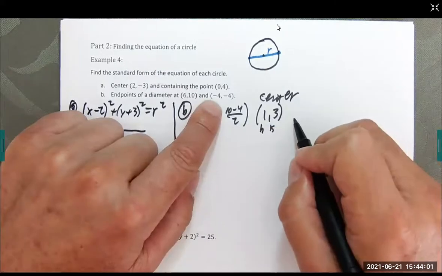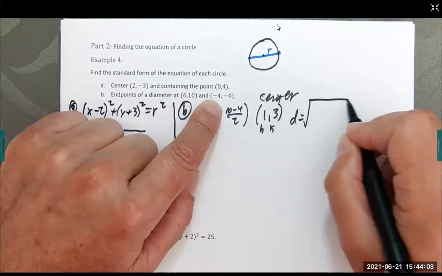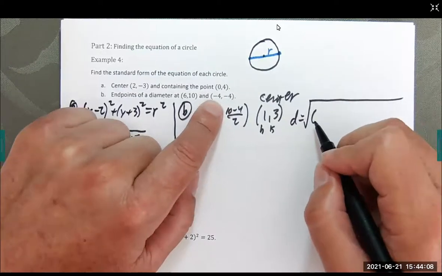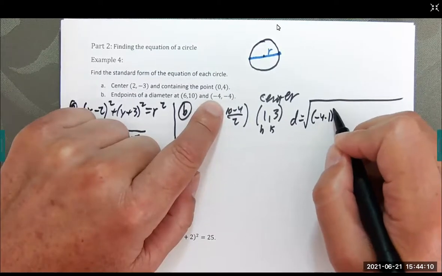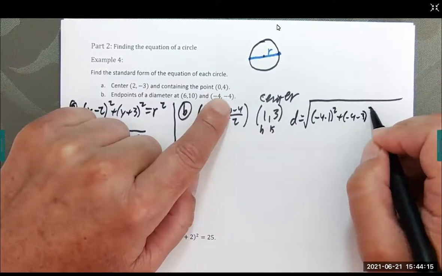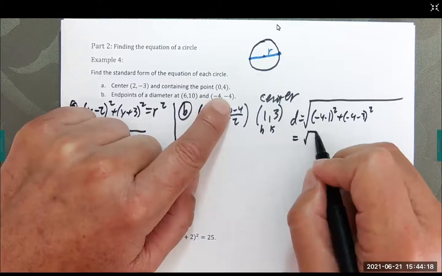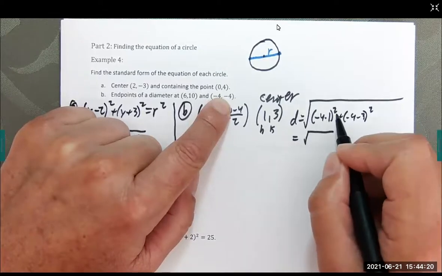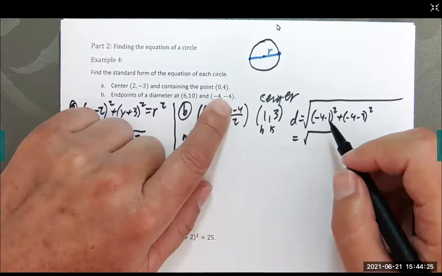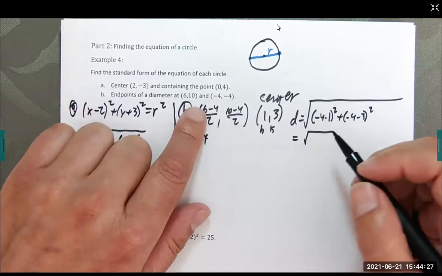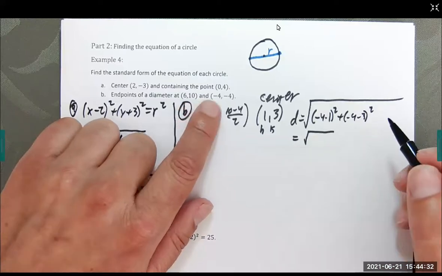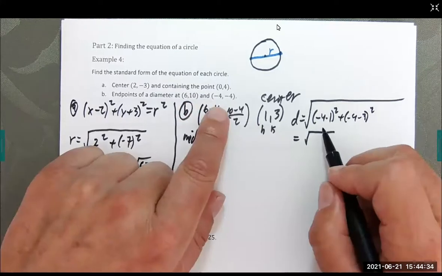So let's do the distance is going to be the square root of change in x's, -4 minus 1 squared plus -4 minus 3 squared. That's -5, that's 25.